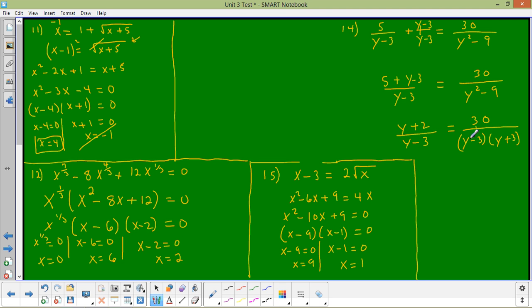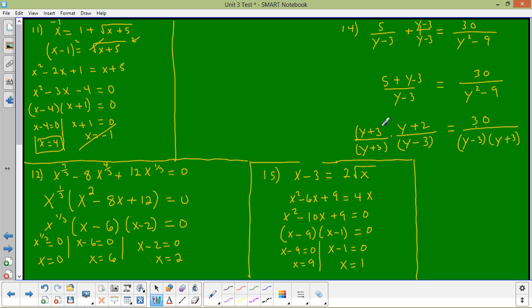But instead of doing that, what I'm going to do is create equal denominators on the left member and the right member. Okay? So I hope you can see that if I just multiply by y plus 3, top and bottom on the left, then that will give me the same denominator that I have on the right.